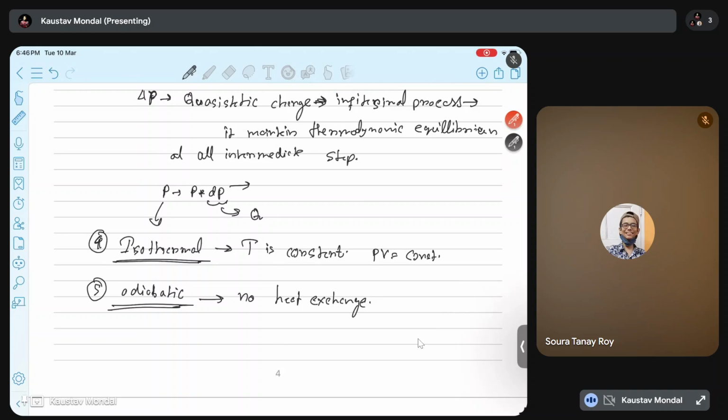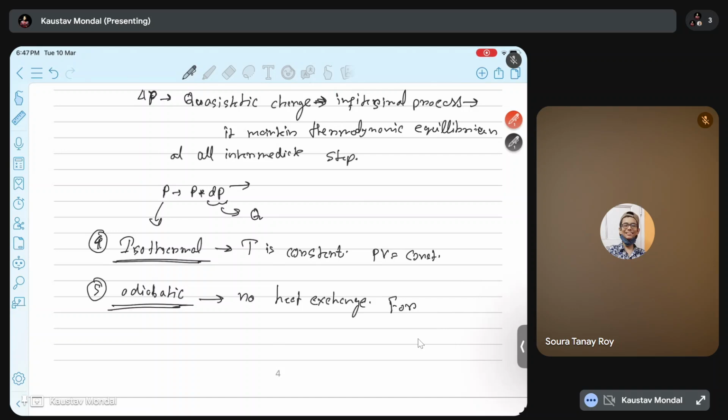In that case, for an ideal gas, the pressure and volume are related by this relation. So if the problem mentions that the process is adiabatic, then you have to use this form of relation between the pressure and volume.